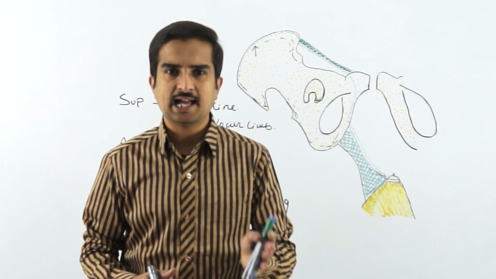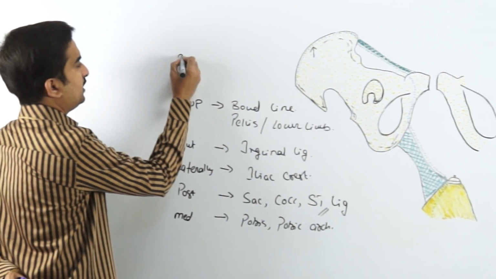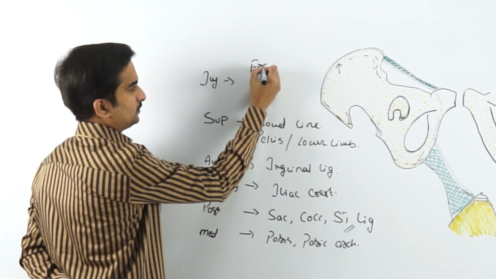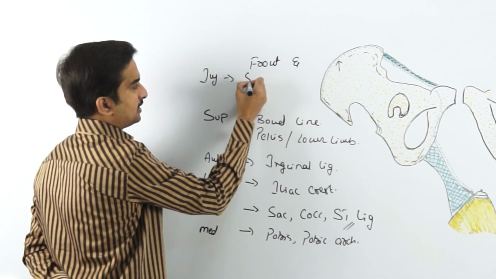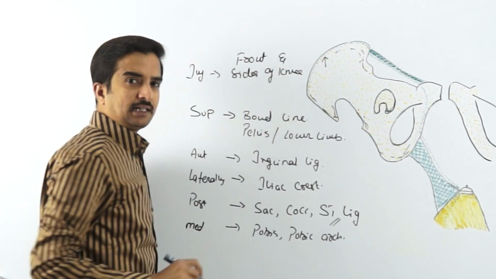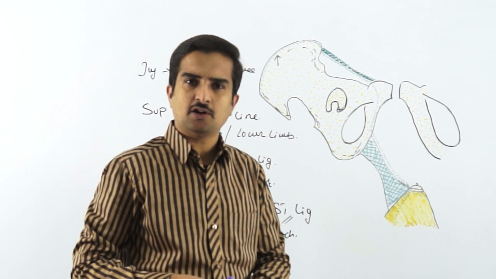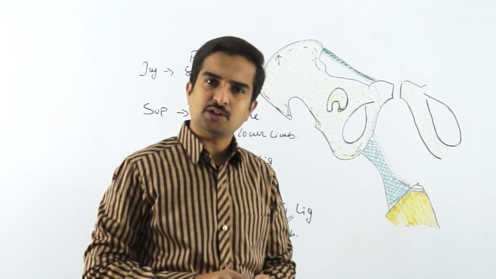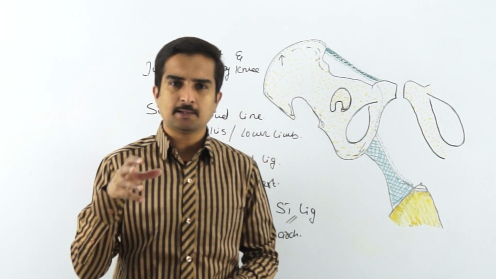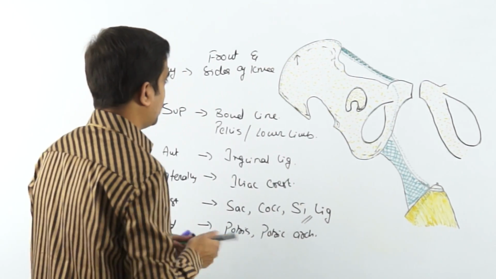So if you talk about the inferior attachments, front as well as sides of the knee, it attaches to the joint capsule as well as the subcutaneous bony prominences in that region. So here I will mention that point.